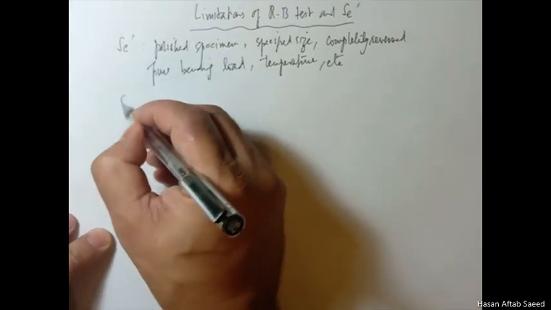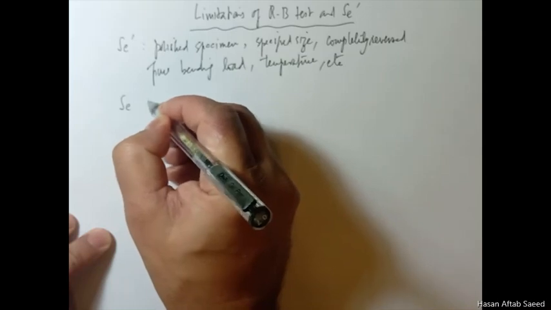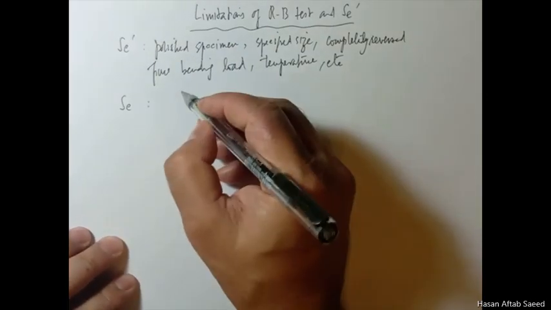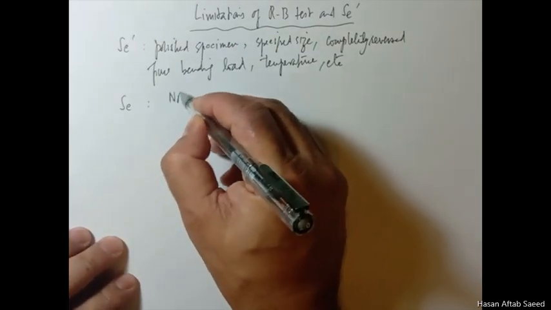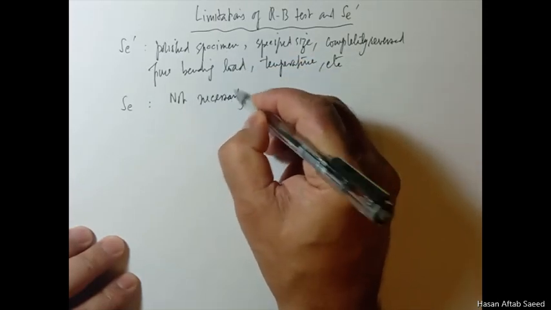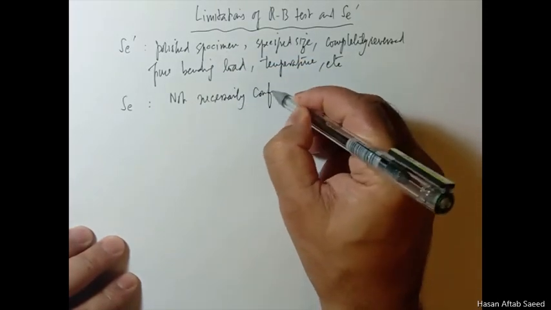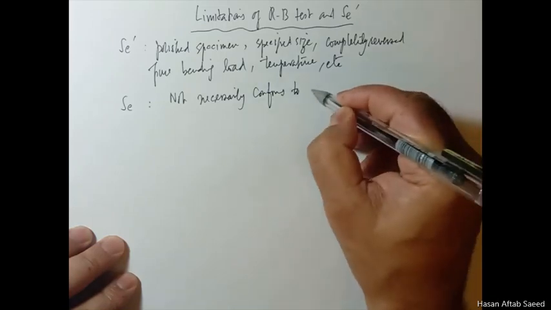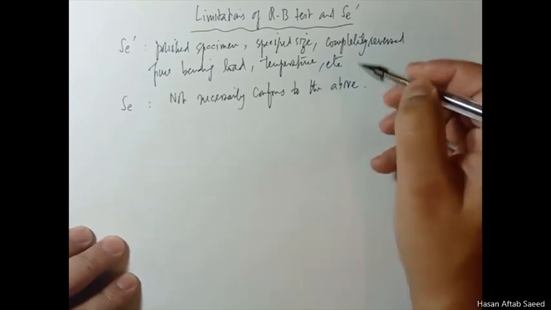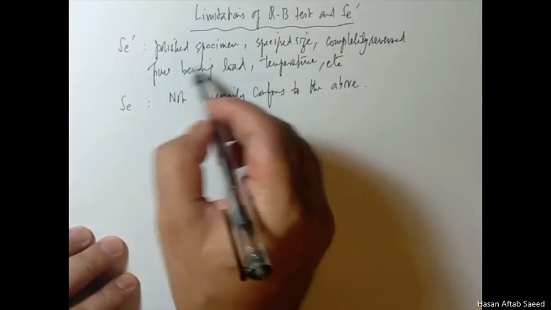But when it comes to the component that we are going to use in some real world application, it won't necessarily conform to the above. It may have different surface condition.